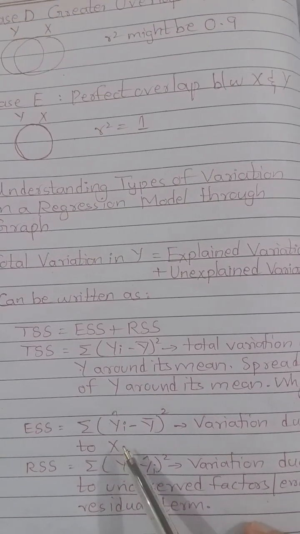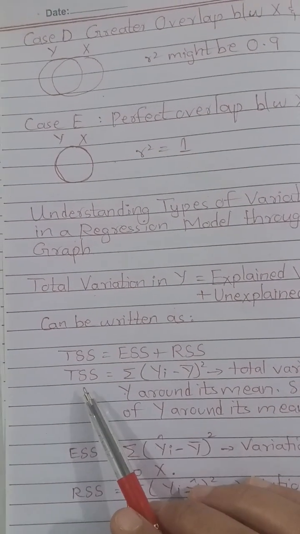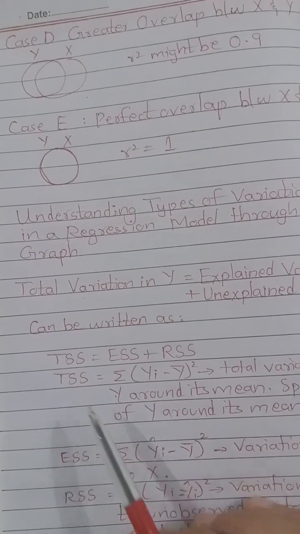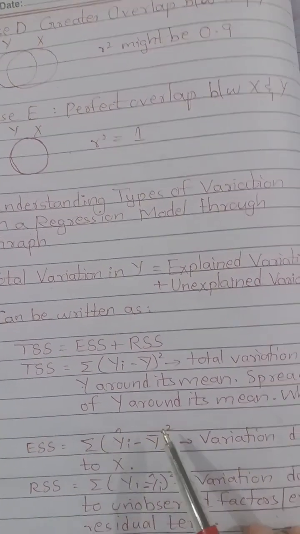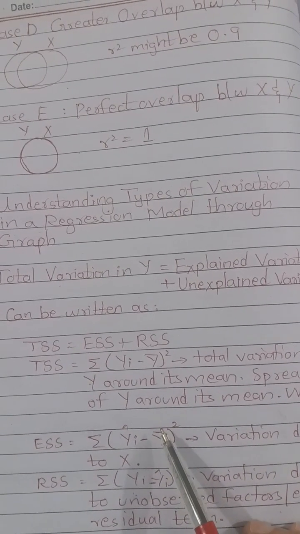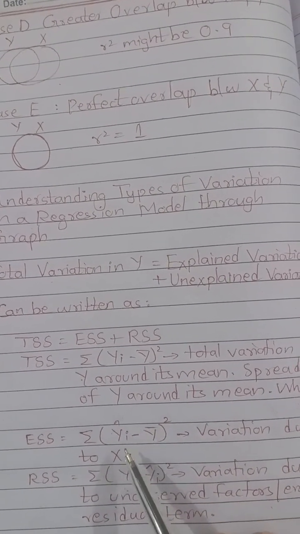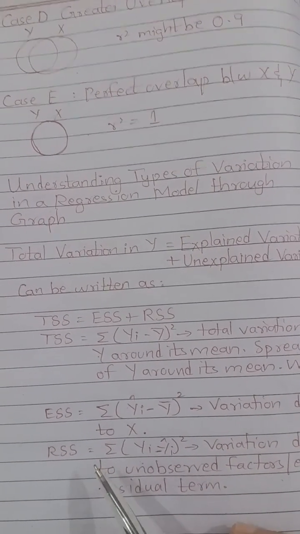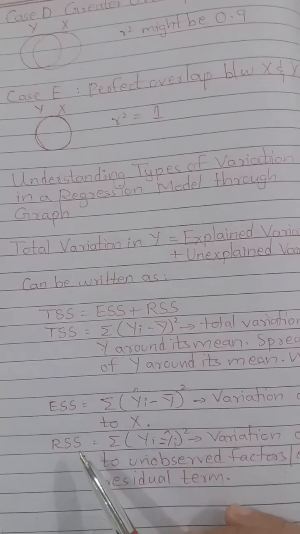For example, if total sum of square is 100 and explained sum of square is 60, it means 60% of the variation in y is explained by our x variable, while 40% is unexplained. It is due to residuals.